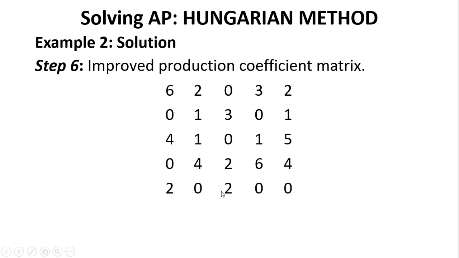If you go column-wise, you can see some columns have 2 zeros. So we cover the last row, followed by a line on a column with 2 zeros. We remain with a column having 2 zeros. We cover it, and we remain with a column or row with a single zero. We cover it.